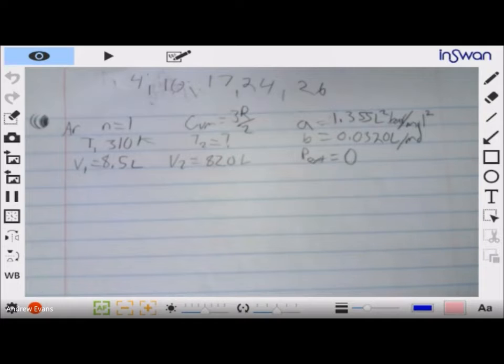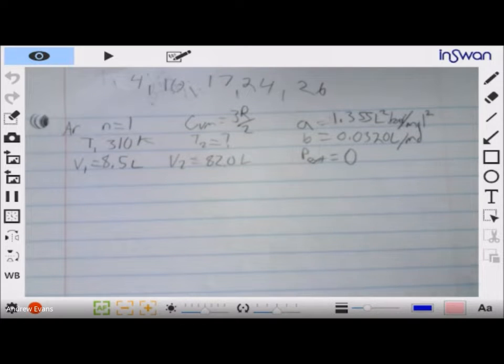Starting with the facts of this problem, they want us to calculate the final temperature, T final, of an adiabatic expansion.